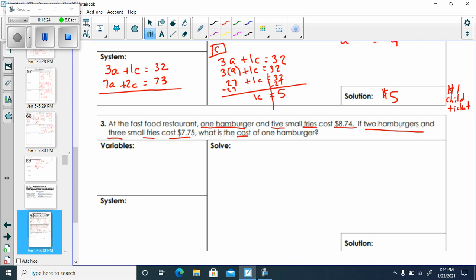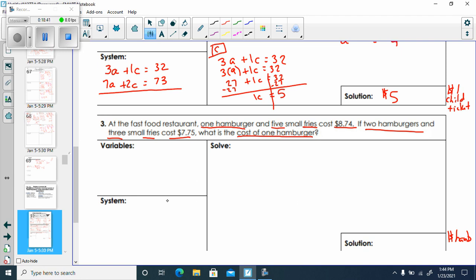What is the cost of one hamburger? So our solution is going to be the cost of a hamburger, right? Making myself notes there by solution as I read, okay?